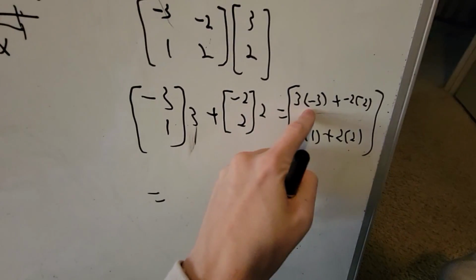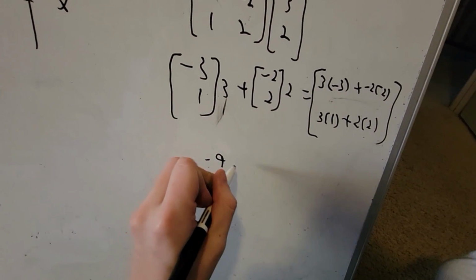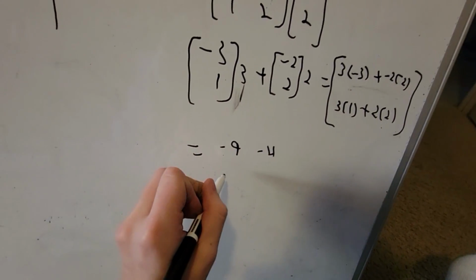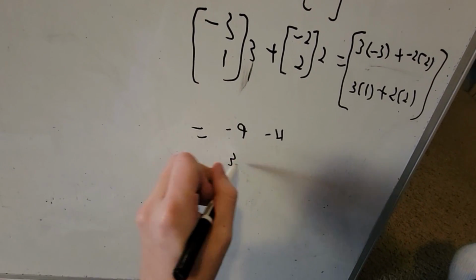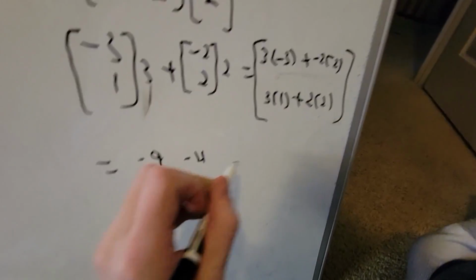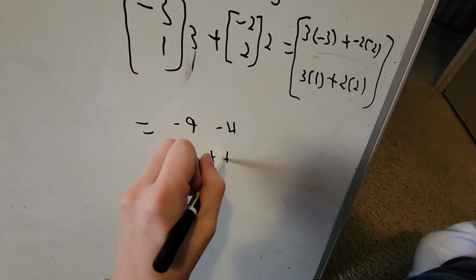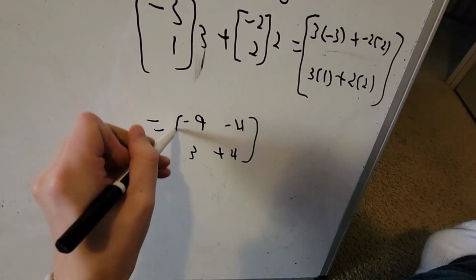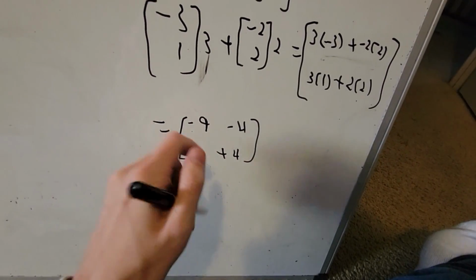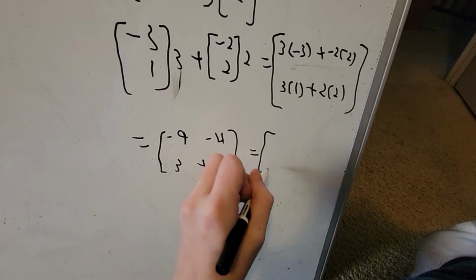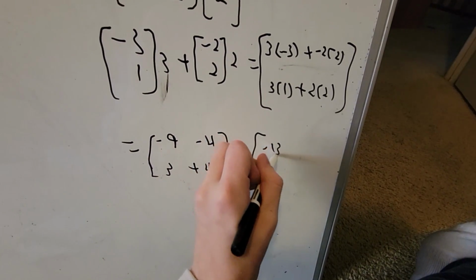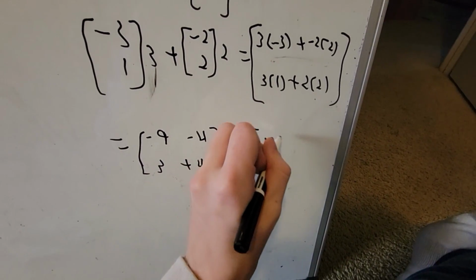And this works out to -9 minus 4, and then 3 plus 4. So this works out to the 2 by 1 matrix, -13, 7.